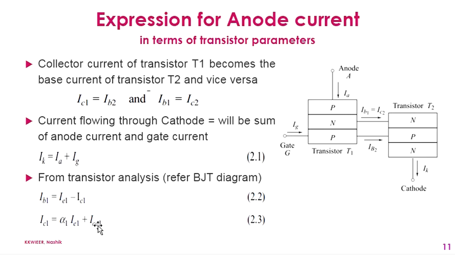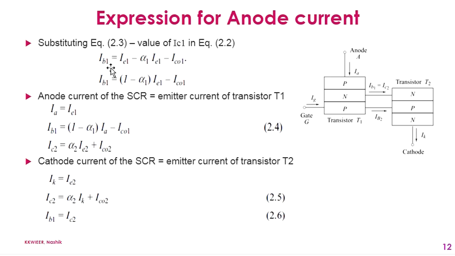Now substituting this value of IC1 in equation 2.2, IB1 is equal to IE1 minus alpha 1 IE1 minus ICO1. In these, IE1 is common, so take it out: 1 minus alpha 1 in brackets, IE1, minus ICO1.